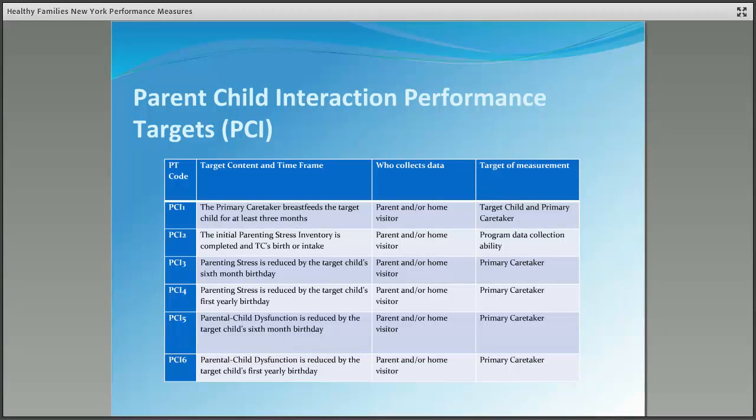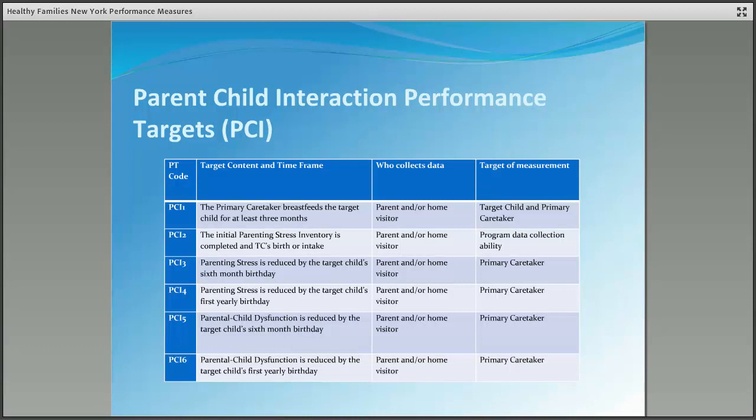The next 5 targets have to do with data collected on the Parenting Stress Index. This form is completed by the PC1 at various points in time based on the TC's age. PCI2 is unique as it measures how well you do as a program getting the first PSI completed by the parent.